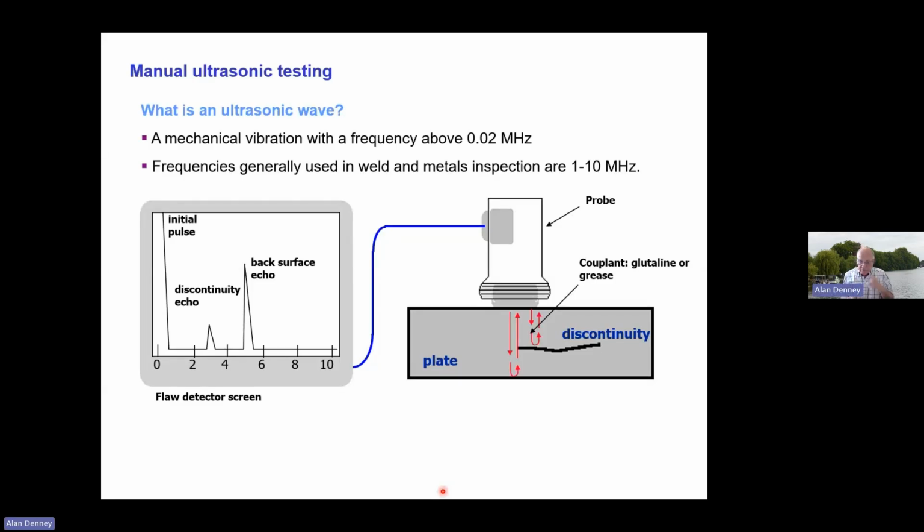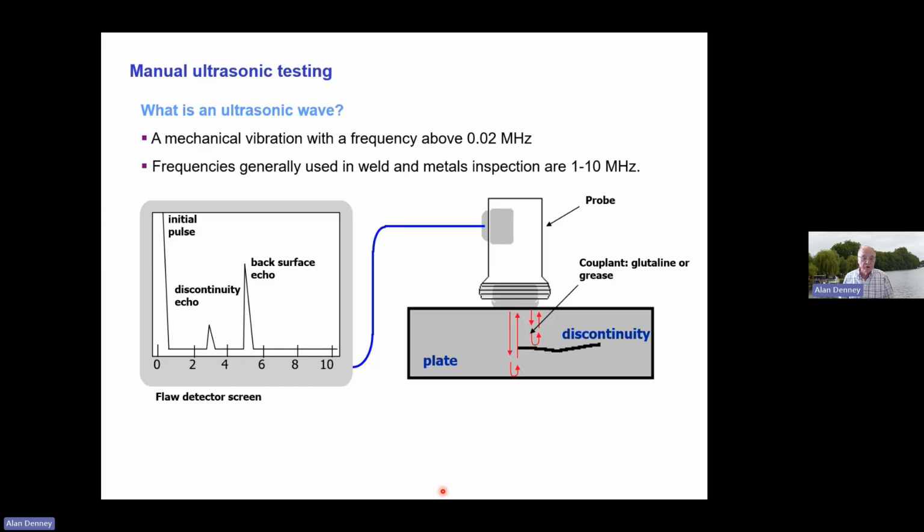The probe is generating the ultrasound, and you can see that some of that ultrasound is being deflected, in this case, off the back wall of the plate, and some is being reflected off the discontinuity. So that probe is both transmitting and receiving.